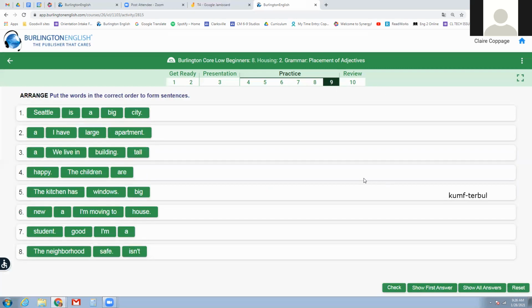All right. Here we have some sentences that are out of order. They are all mixed up. Usually we can find the first word by looking for the capital letter, la mayúscula. And then we have one that has a period at the end, right? A punto al final. So in this one, Seattle is a big city, is already in order.